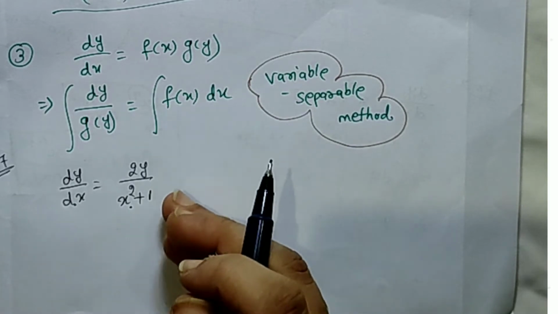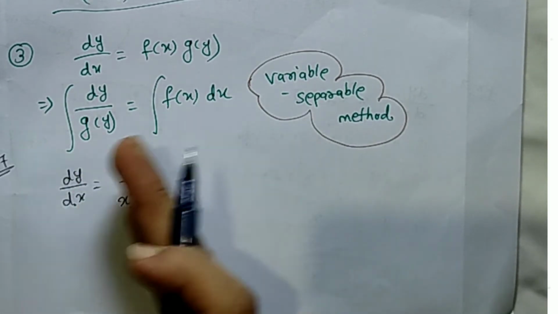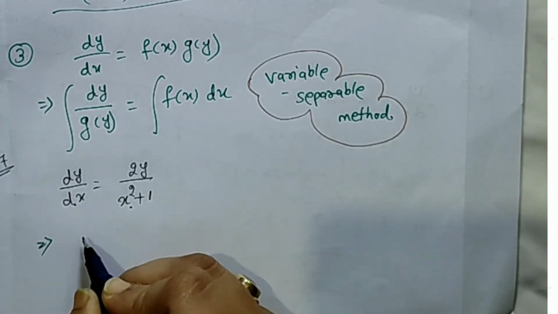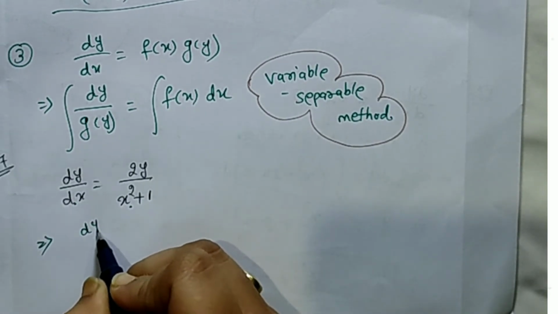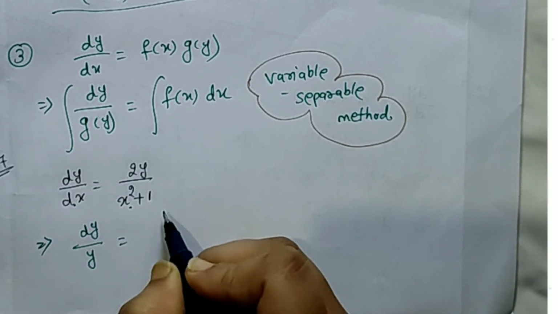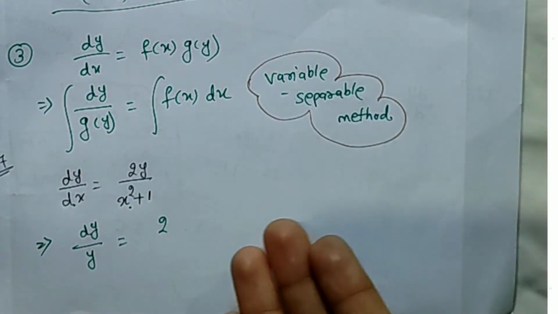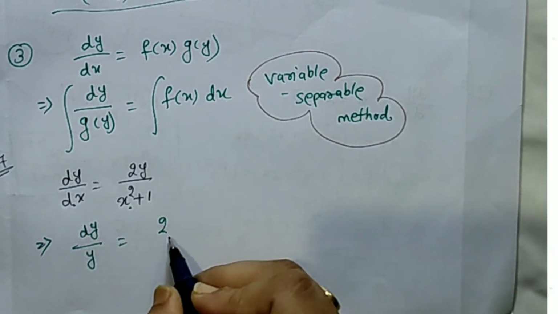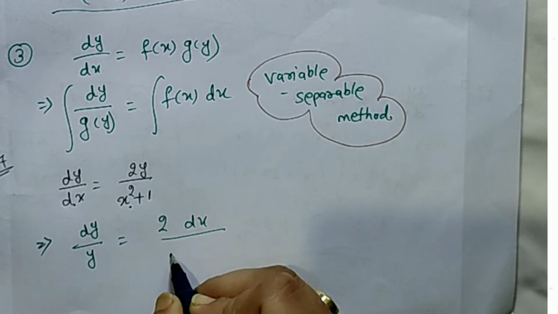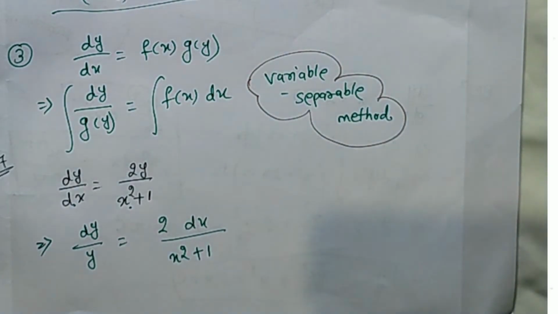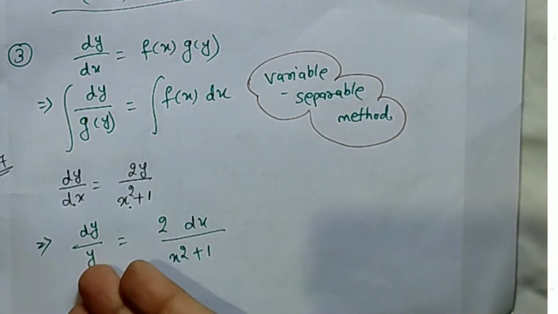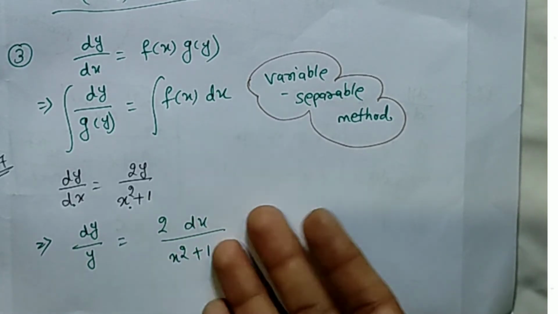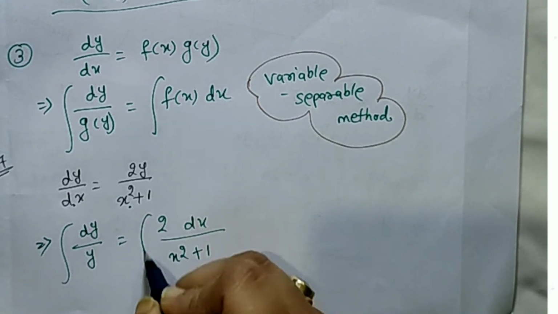To find the solution, we have to separate the variables on both sides, which implies y on one side, dy by y is equal to 2, which is a constant, so there is no issue if 2 is on the right hand side or on the left hand side, into dx divided by x square plus 1. Now the whole left hand side is in variable y and the whole right hand side is in variable x. Now we can integrate both sides.